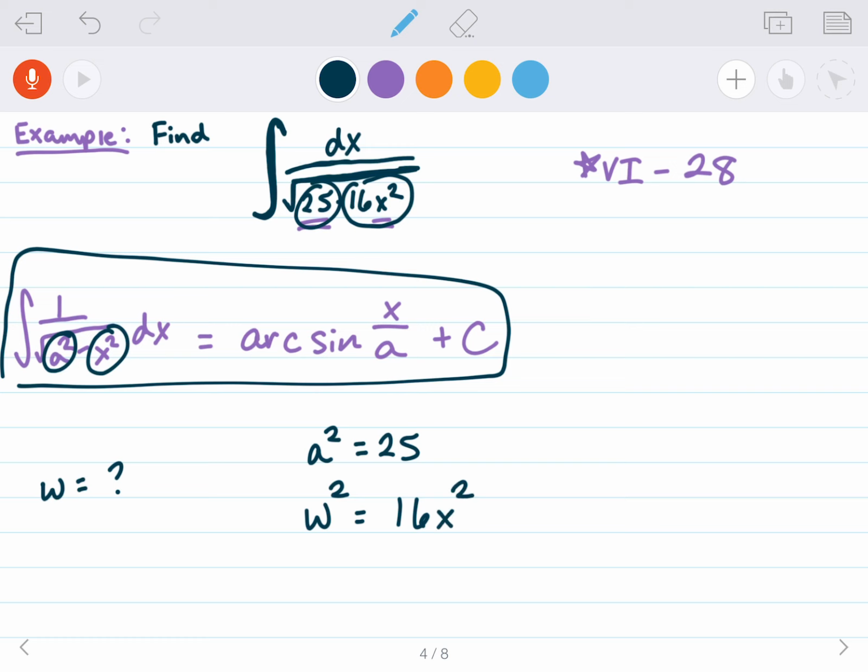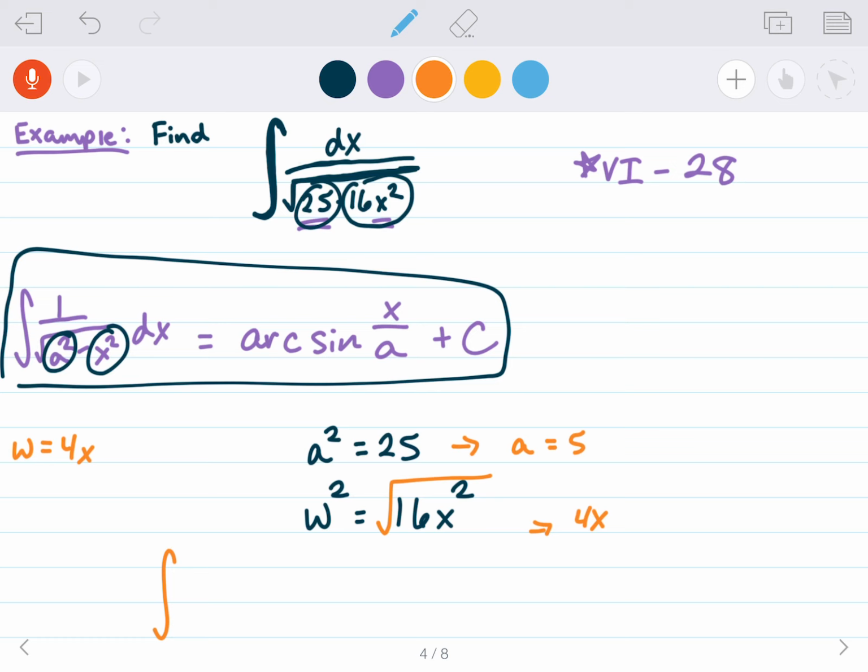So if I take the square root here, a is going to equal 5, and when I take the square root of 16x squared, w is going to equal 4x. So w is equal to 4x. Let's write that over here. W equals 4x. Okay, let's rewrite our problem with that information.